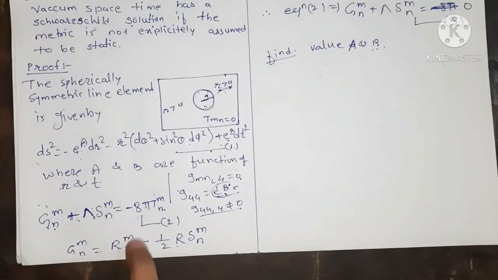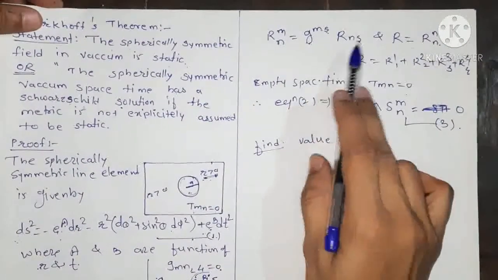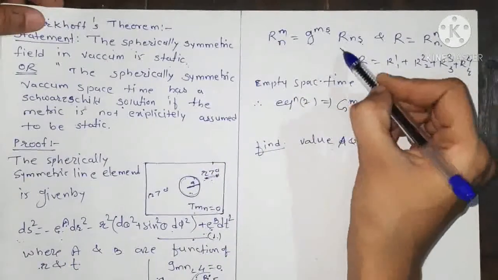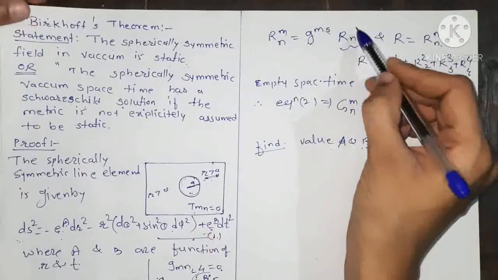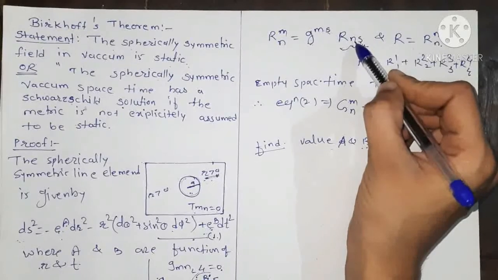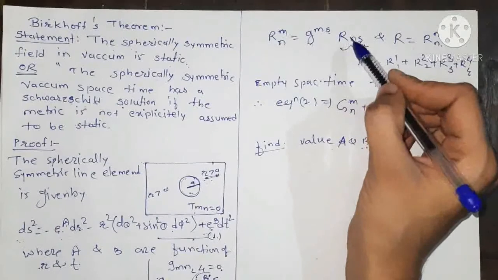For this we have to calculate R^m_n, which is nothing but g^(ms) R_sn. So to calculate it, we require the values of R_sn, that is, we have to calculate the non-vanishing Christoffel symbols and the Ricci tensor.